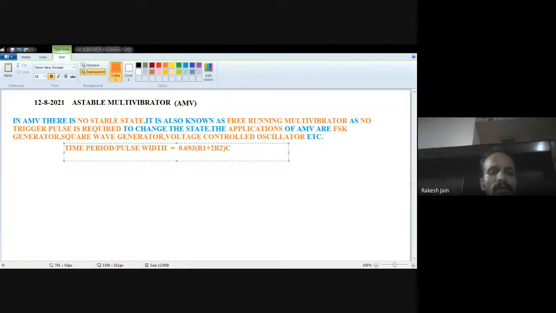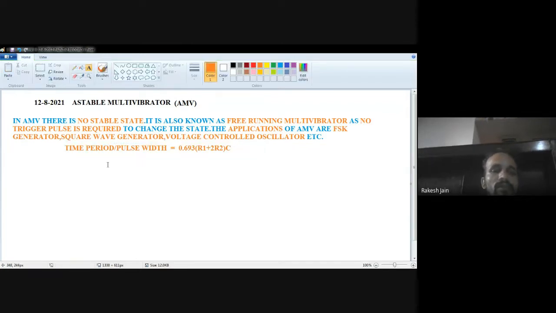Later on we will see. First of all, we just focus on the transistorized structure of the astable multivibrator. Okay, so now I am going to draw the transistorized structure for the astable multivibrator. That is very important for us to remember the transistorized diagram. Okay, wait for a while. Yes.